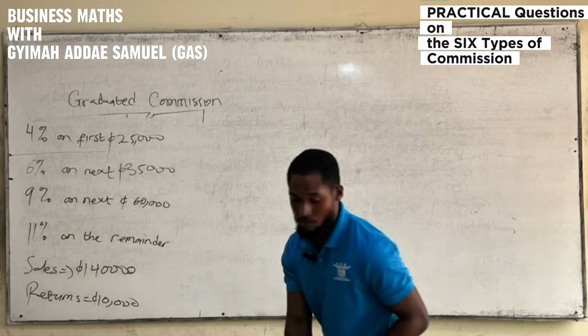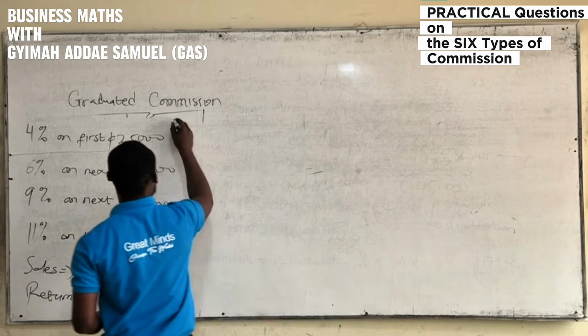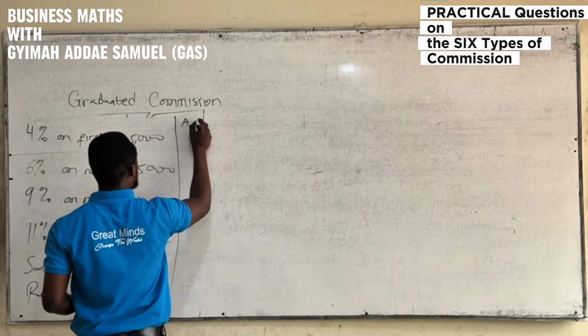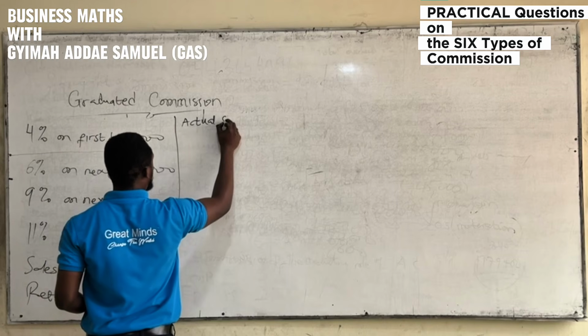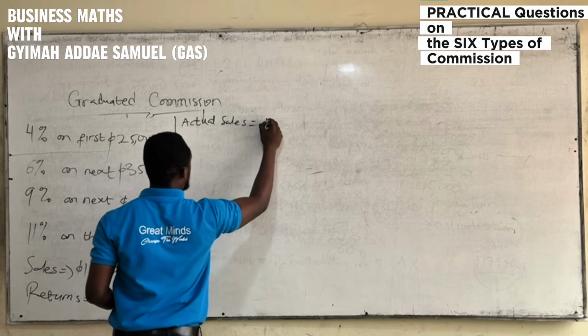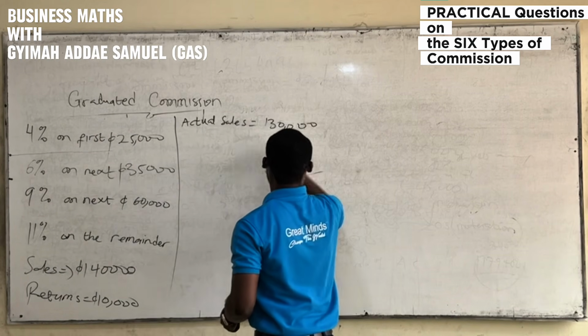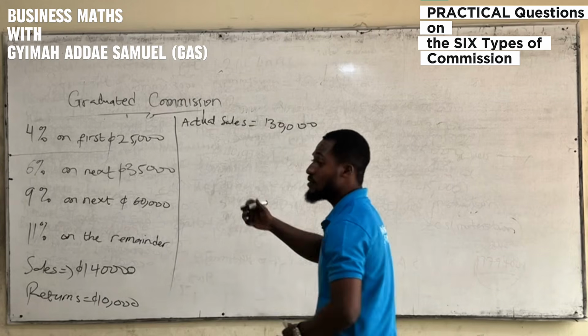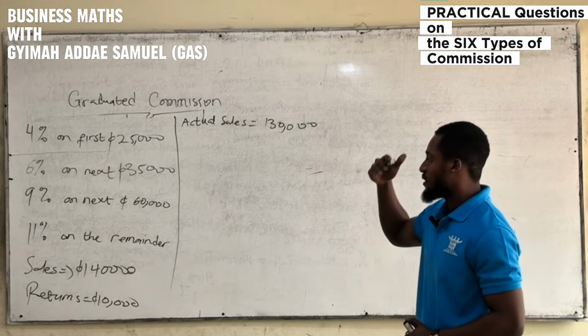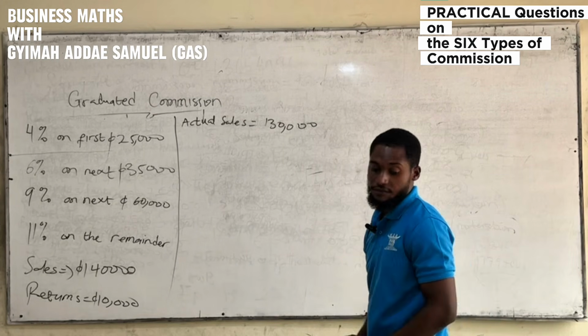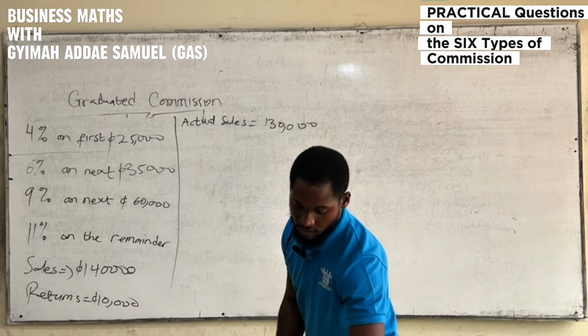So let's compute this somewhere. So the actual sales 130,000 Ghana cedis. So now we proceed to how we solve the first question.